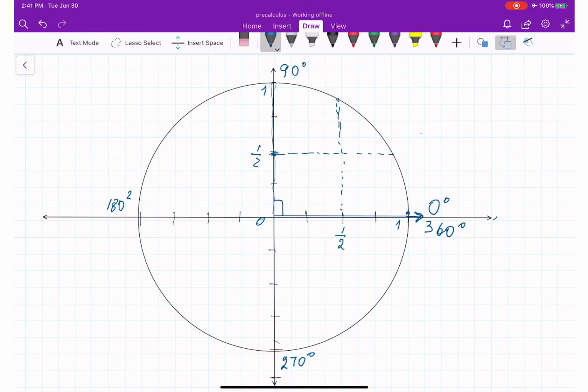As you can see, it broke the first quadrant. By the way, this is the first quadrant, this one is the second quadrant, third quadrant, and fourth quadrant. It breaks the arc of the first quadrant into 3 arcs.